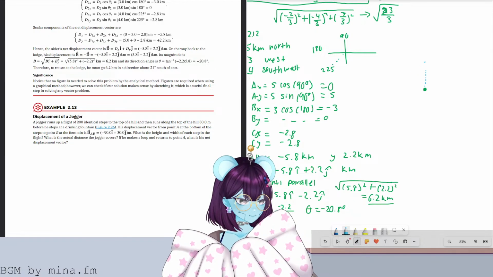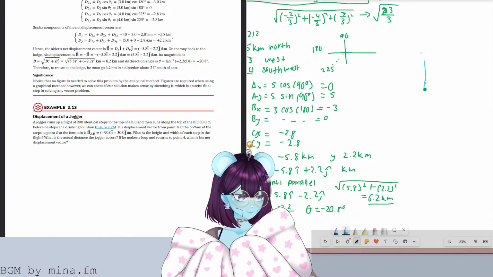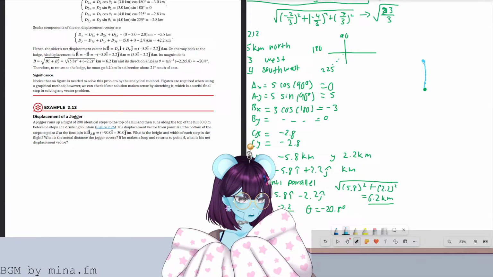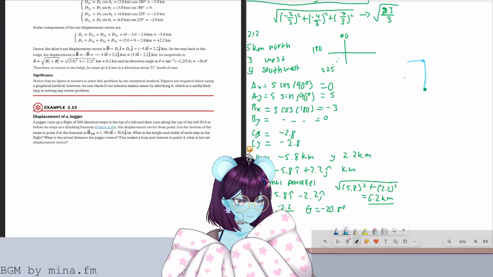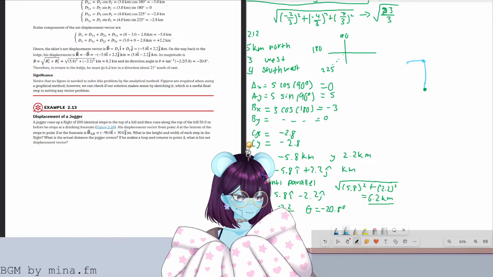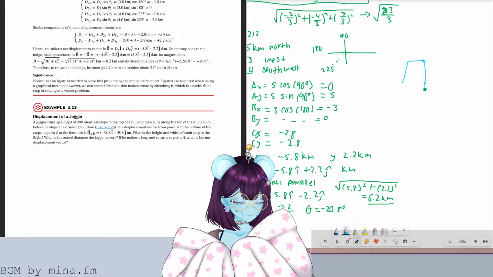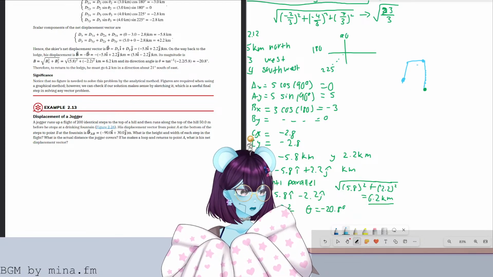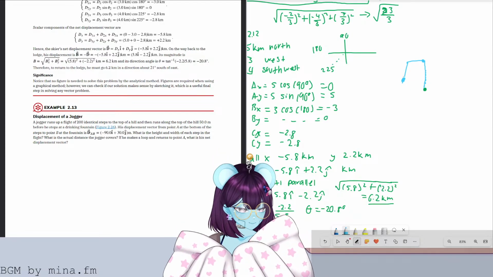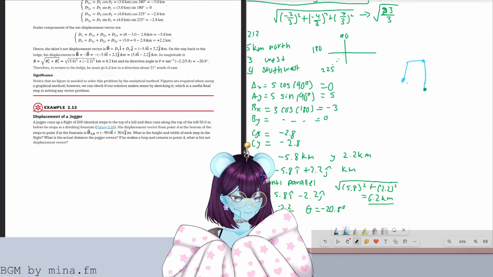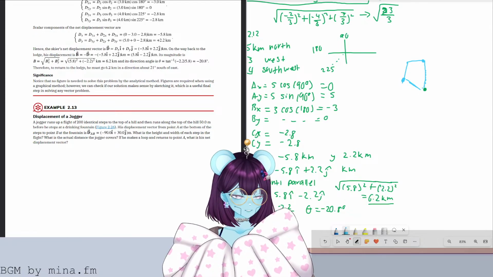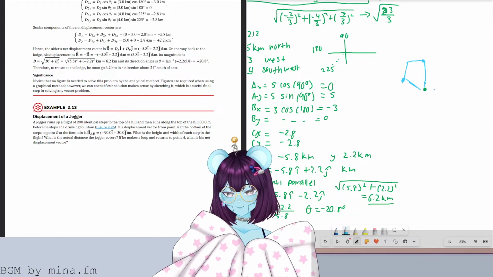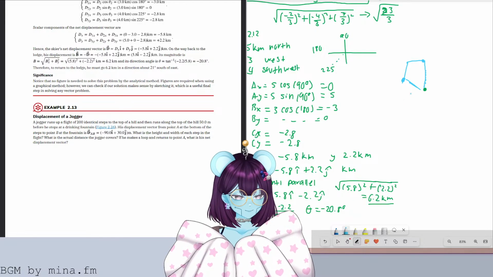So let's say this is 5 kilometers. I go here. I go west 3. So I go like here. That'll be 3. And then I go southwest. So I go down here, like 4. Do not look at the length. They're not to scale. And then if I want to go back to the place, I kind of just go that way. So yeah. Does that seem correct?